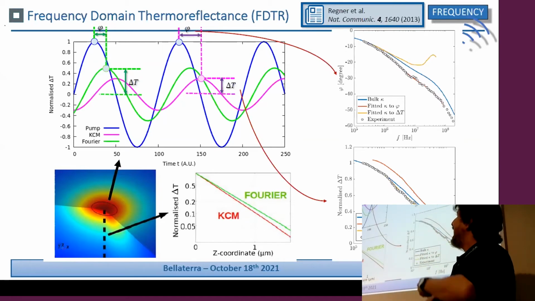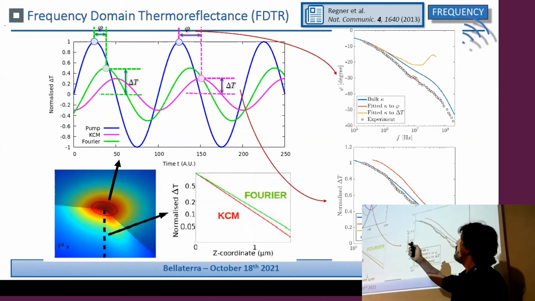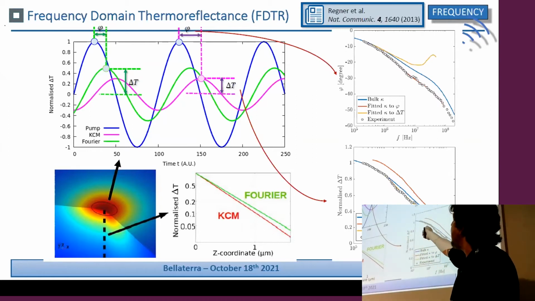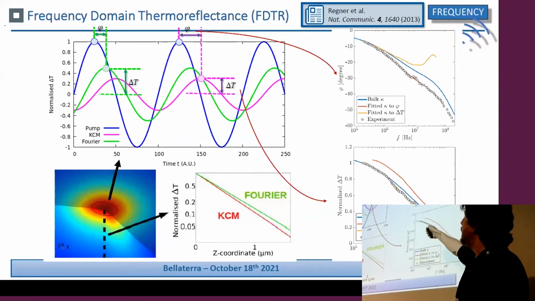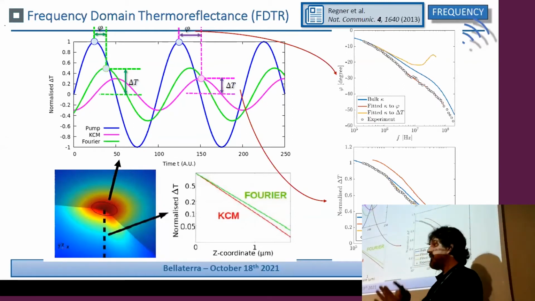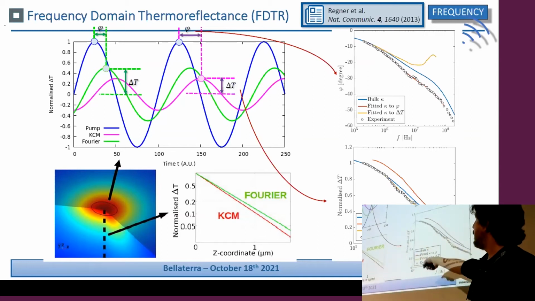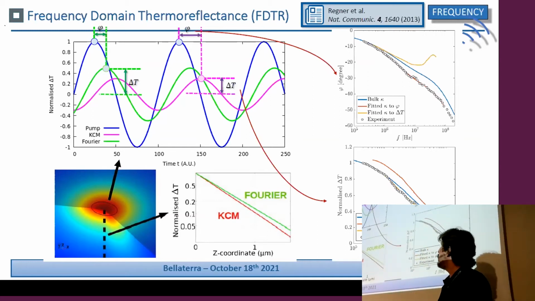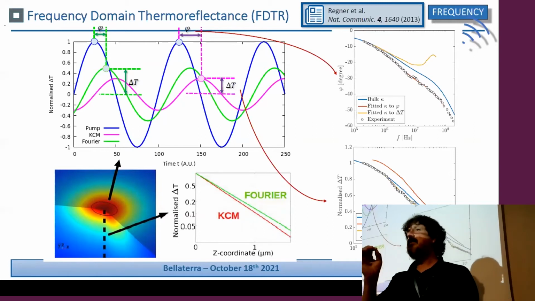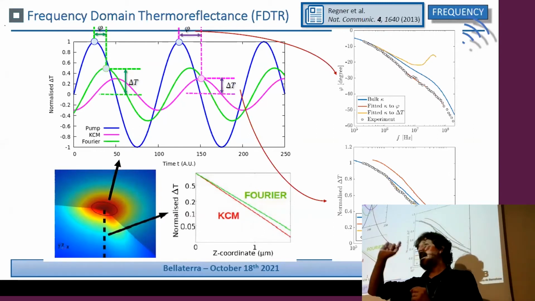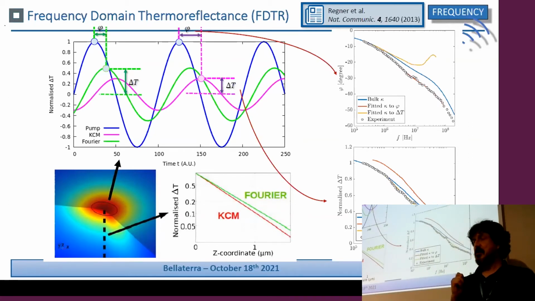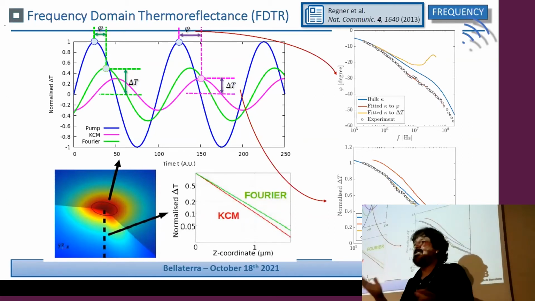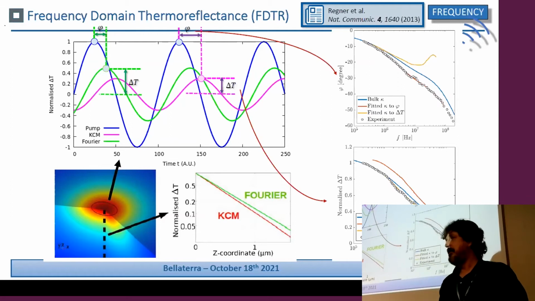Well, once again, we have made one check. We have tried to explain with the same model the shift and the amplitude here. On the top, you have the shift, and on the bottom, you have the amplitude. And what happens is that when you try to fit the amplitude, you unfit the phase. And when you fit the phase, you unfit the amplitude. This is exactly the same as in the previous experiment.